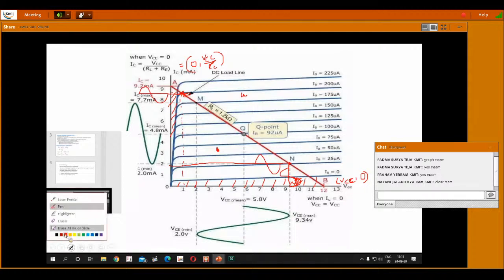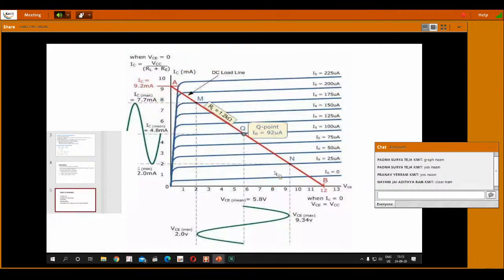Now if I take the operating point below IB equal to 0, I mean near cutoff, exactly at cutoff, and then superimpose my input signal there, almost no current flows in the negative half cycle, hence the collector current will be 0.